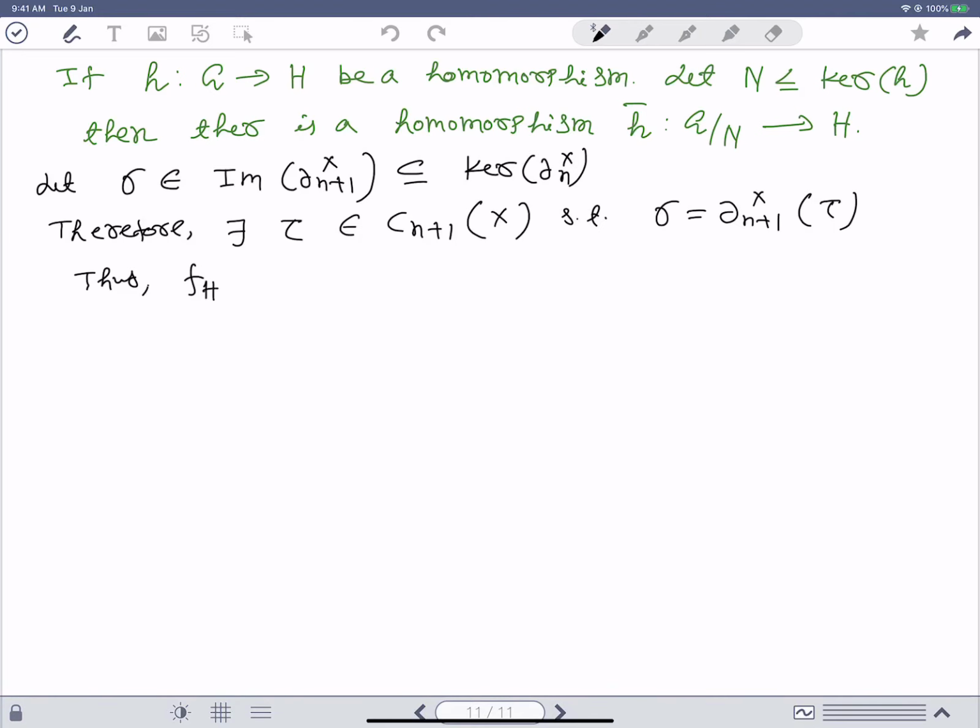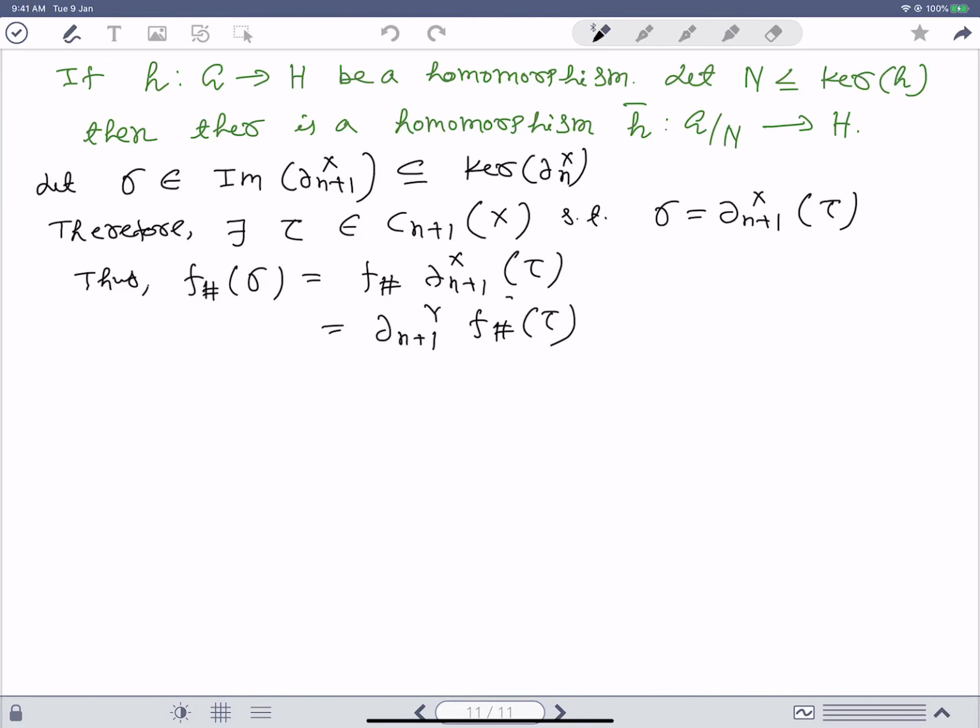Therefore, what is my f hat of sigma? So f hat of sigma will be f hat of del n plus 1 x tau, right? Now this is commutative, so it will be del n plus 1 y f hat tau, right?